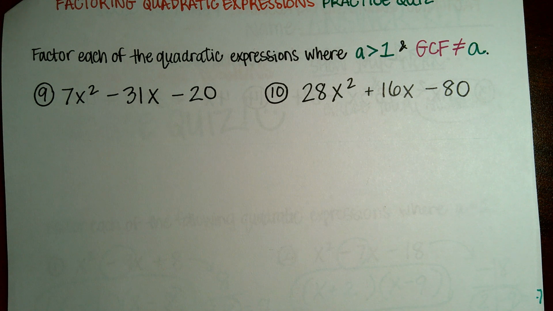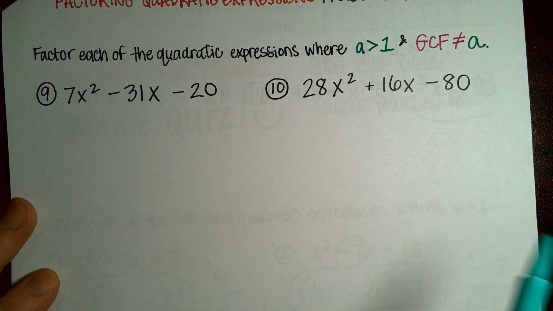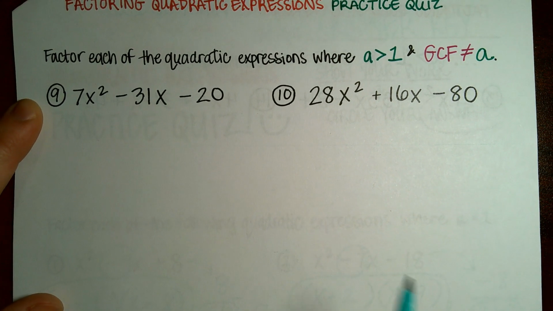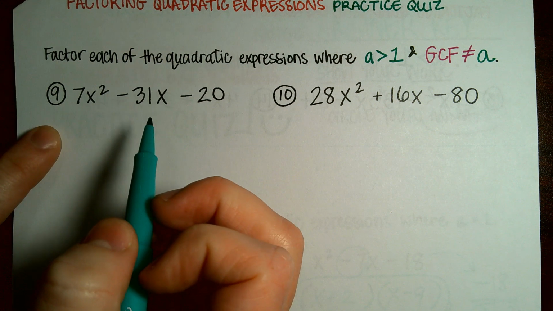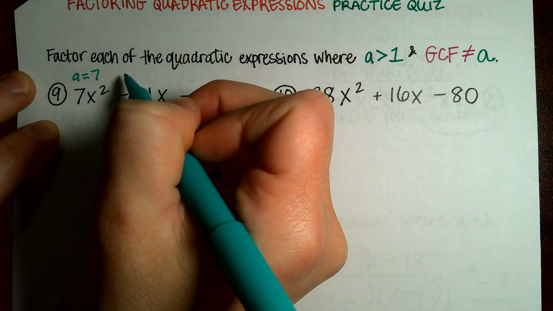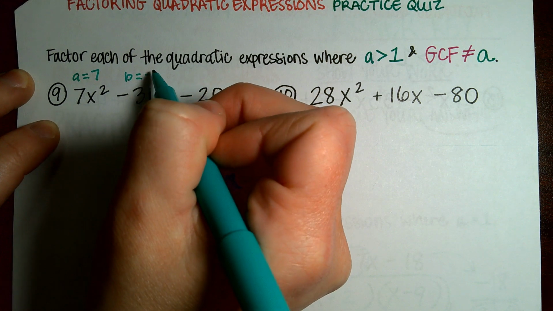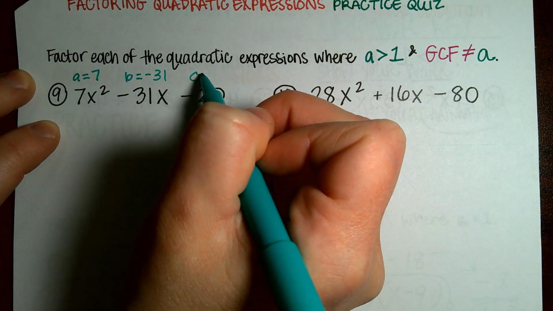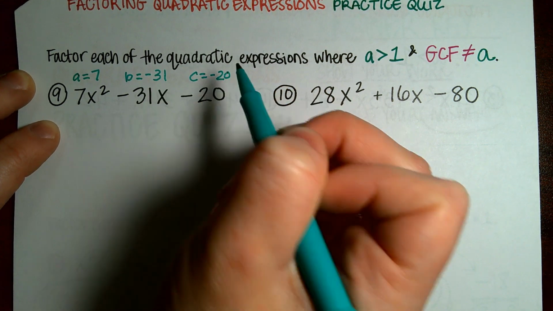I'm going to have to include a number in my parentheses for my factored form. So let's look at number 9 here. Our a is 7, go ahead and label all of them. B is -31, C is -20.